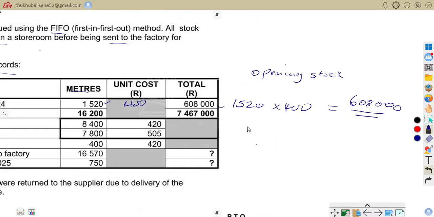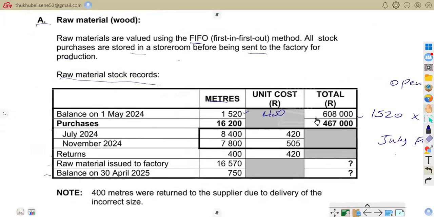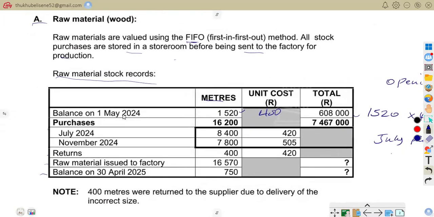Then we have July purchases. Then we can go to that July purchases. As we can see, here is our July purchases. We have 8,400 with a unit cost of 420.